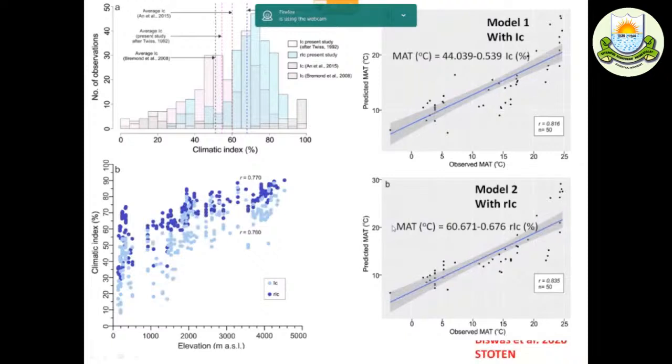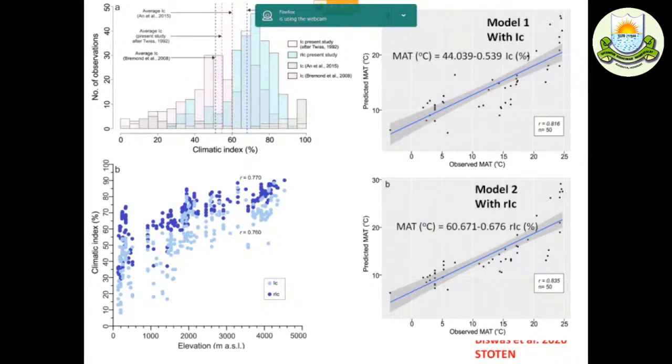Now we also had to check why Himalayan IC is showing variations compared with the other ICs observed in the Eastern Himalaya, Eastern Africa or southern Himalaya. We found that in published records from Eastern Africa, southern Himalaya or Tibet, the IC range is highly variable.